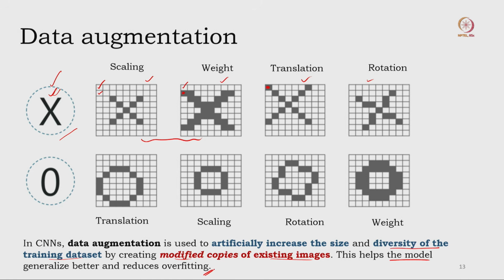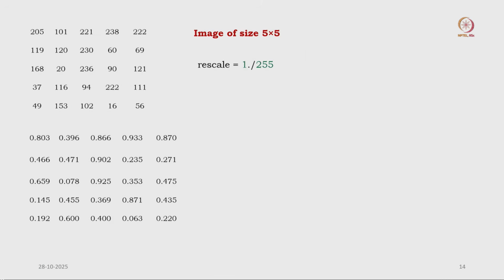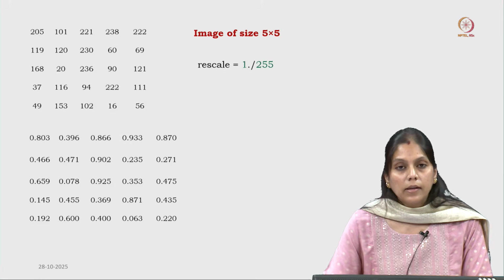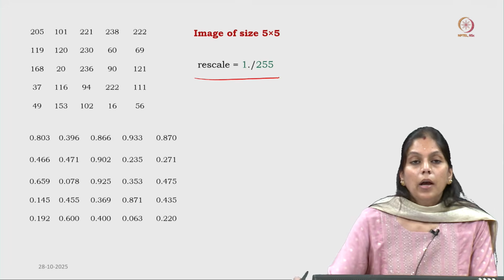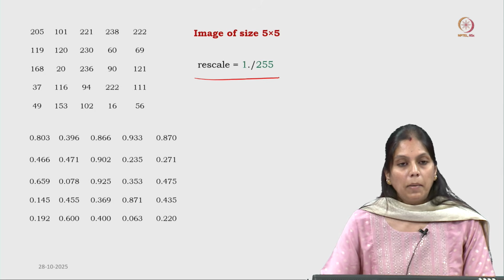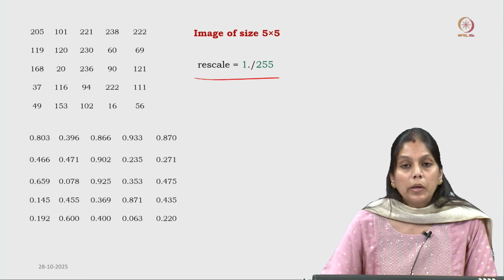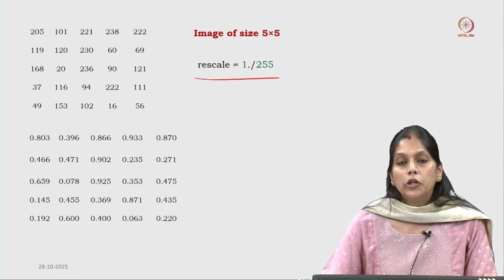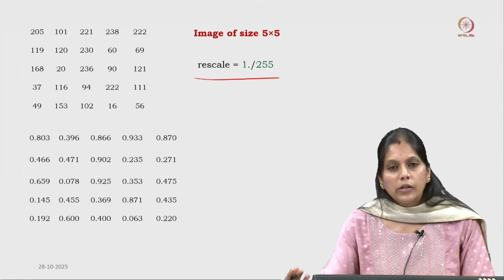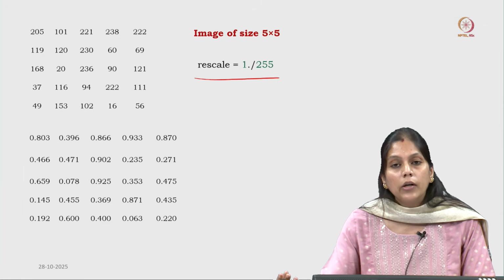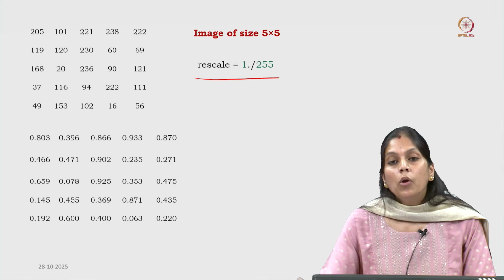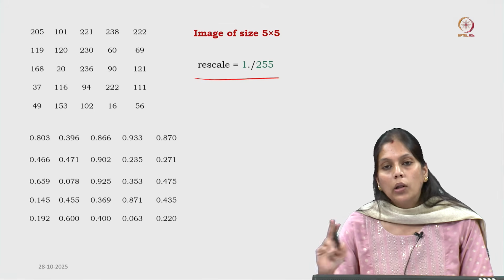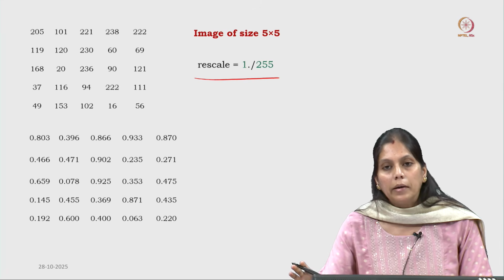So, let us go into detail about data augmentation. The very first step that we use is to rescale. Now, if you remember, in our multi-layer perceptron, we do something called normalization. If some feature value is very small and some feature value is very large, in order to avoid unintentional bias in a model, we normalize so that all the values fall into a particular range.